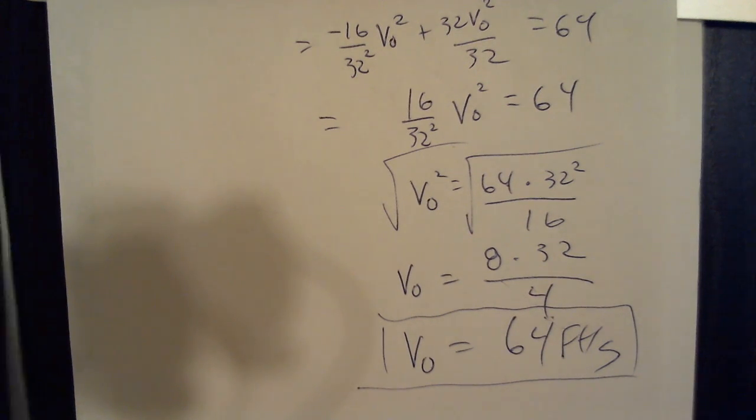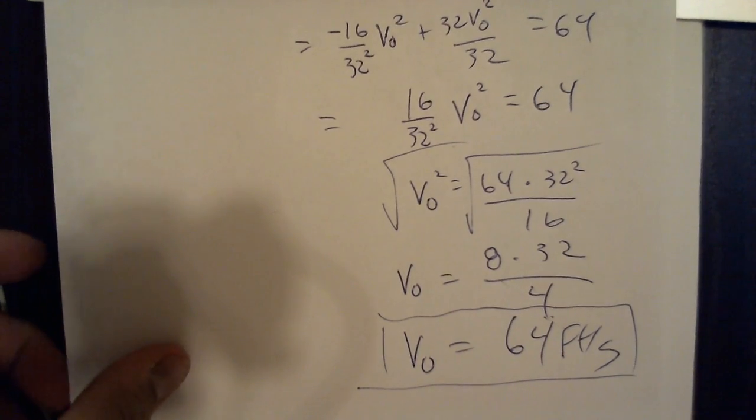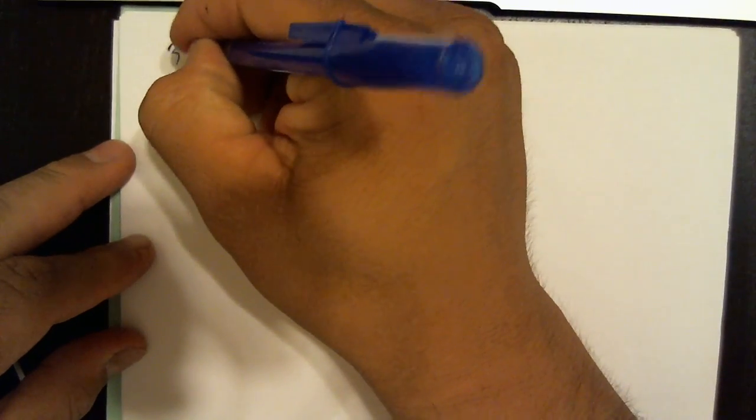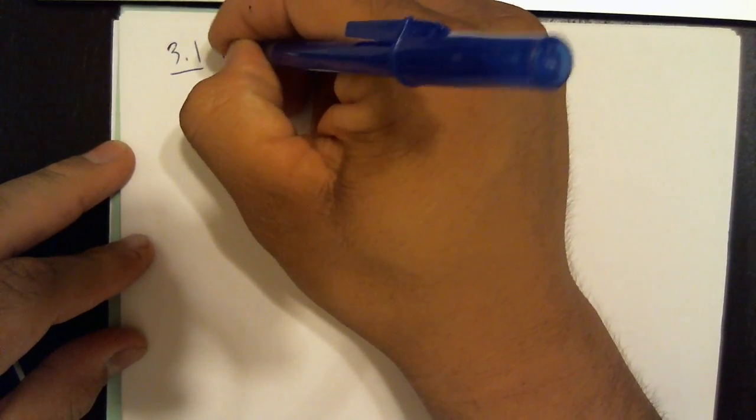Okay. All right. So here we go. Next, we had a question from Ismael. We're going to look at question 31 in section 3.1. Let me turn to this page.